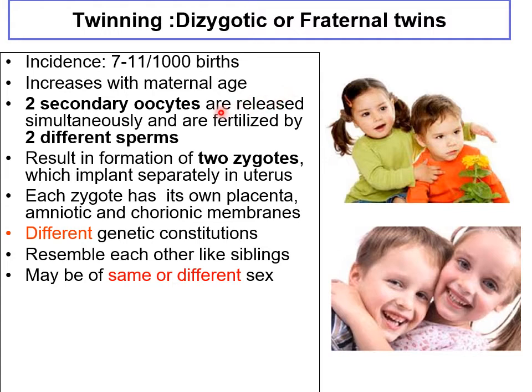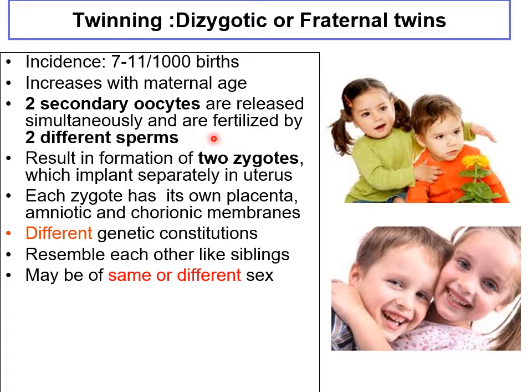Now what happens in dizygotic twin pregnancies is that two secondary oocytes at ovulation are simultaneously released. They might be released from the same ovary or from different ovaries, it doesn't matter. So they are released simultaneously into the uterine tube. And you know that there are millions of sperms just waiting to fertilize oocytes if they find any.